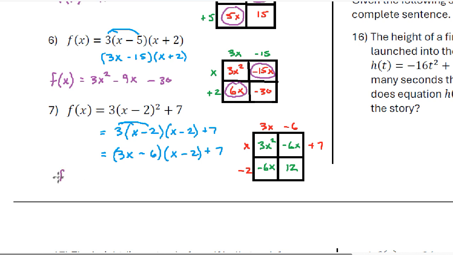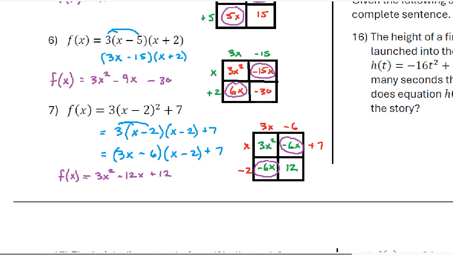Let's go ahead and write f of x equals, we've got 3x squared. These two terms right here, these two sections of our area model, are like terms. They can be combined. So negative 6x minus 6x is negative 12x. Then we've got plus 12.